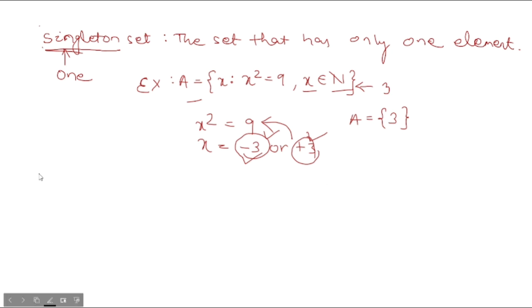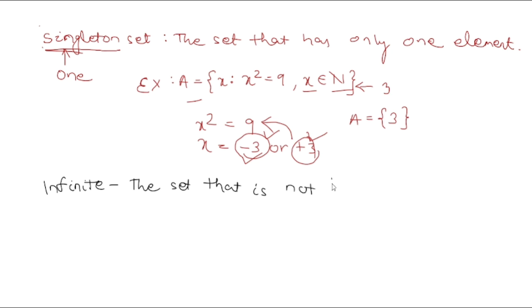Now infinite set. Infinite set means the set that is not finite. That means any set except finite set is called infinite set.